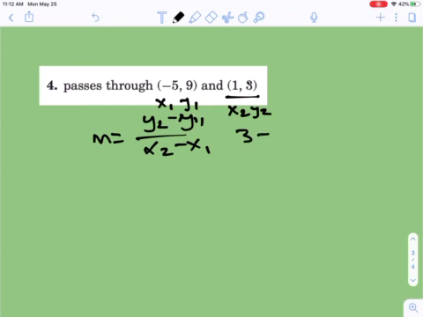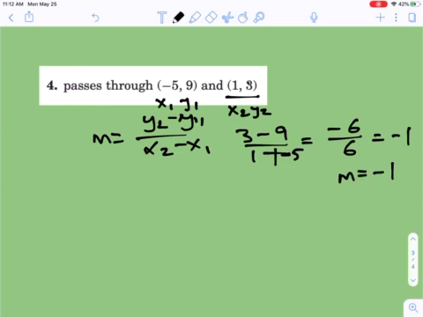So we're going to do 3 minus 9 over 1 minus -5, can't forget that negative because it's there, and then 3 minus 9 is -6. 1 minus minus gives you a plus, so you have 1 plus 5, which is 6, and then 6 divided by 6 is 1, and a negative divided by a positive gives you a negative. So we know our slope is -1.